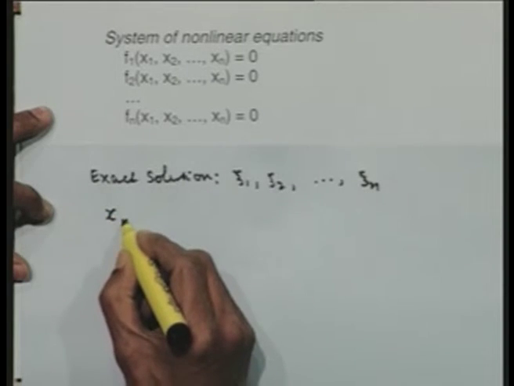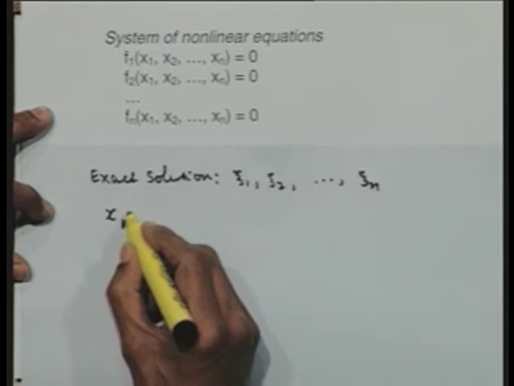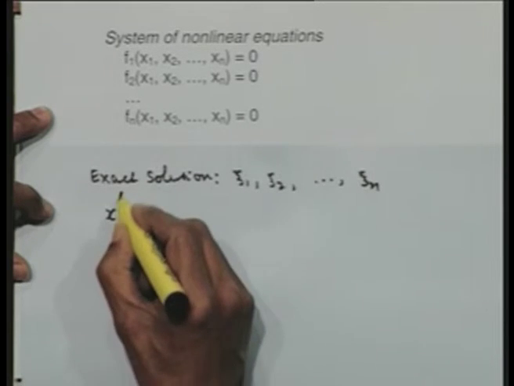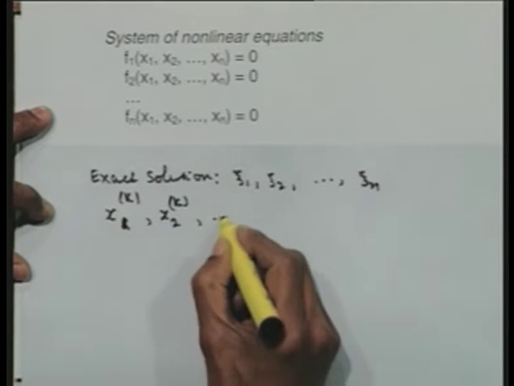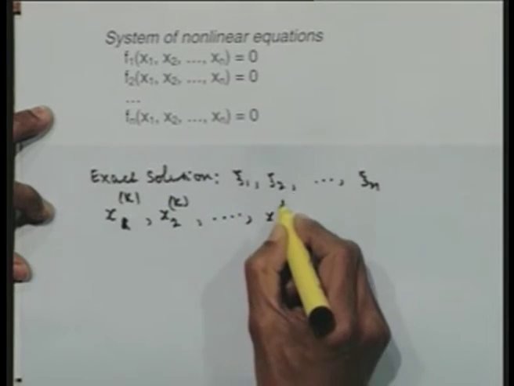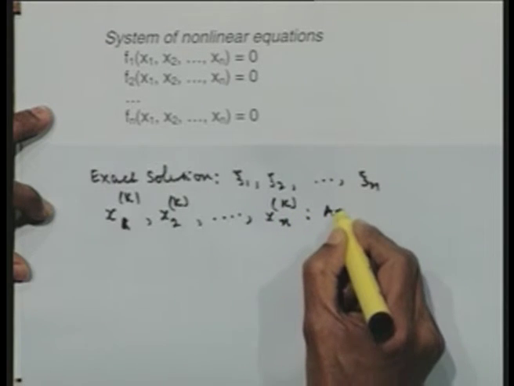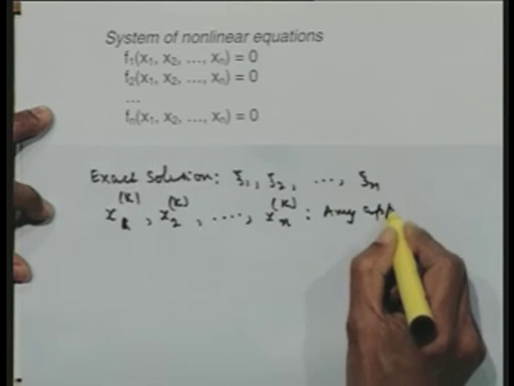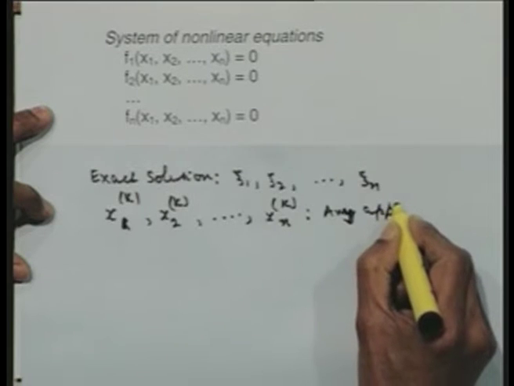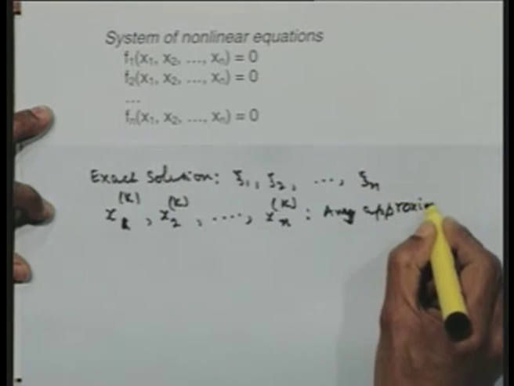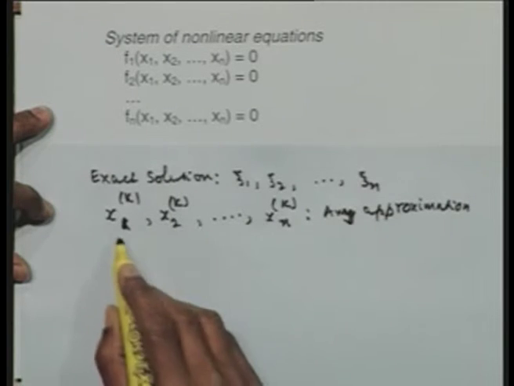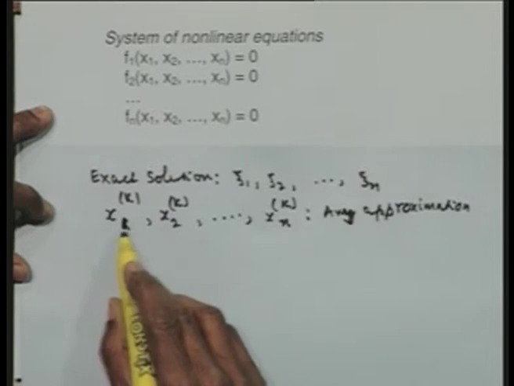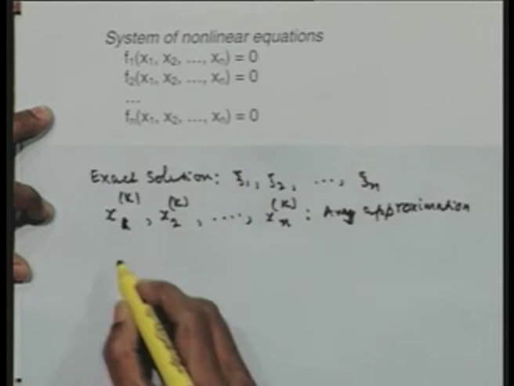Now, let us take any initial approximation, x1 k, x2 k, and so on, xn k. So, this is any approximation. I would now add to this suitable quantities so that they become the exact solution.